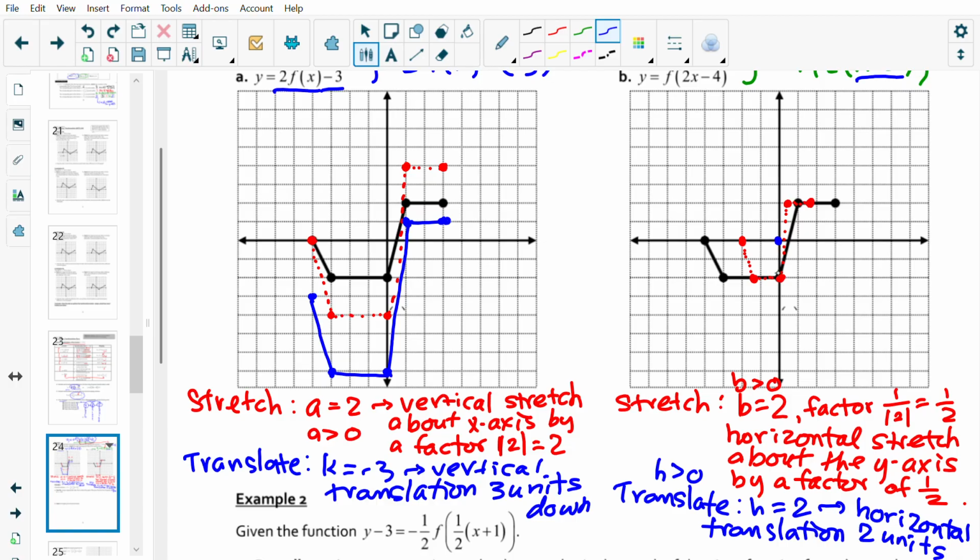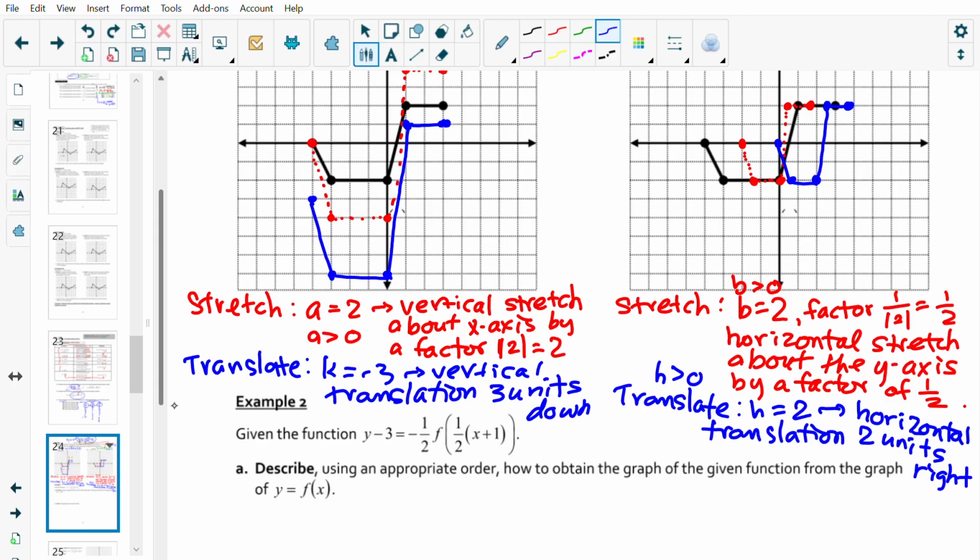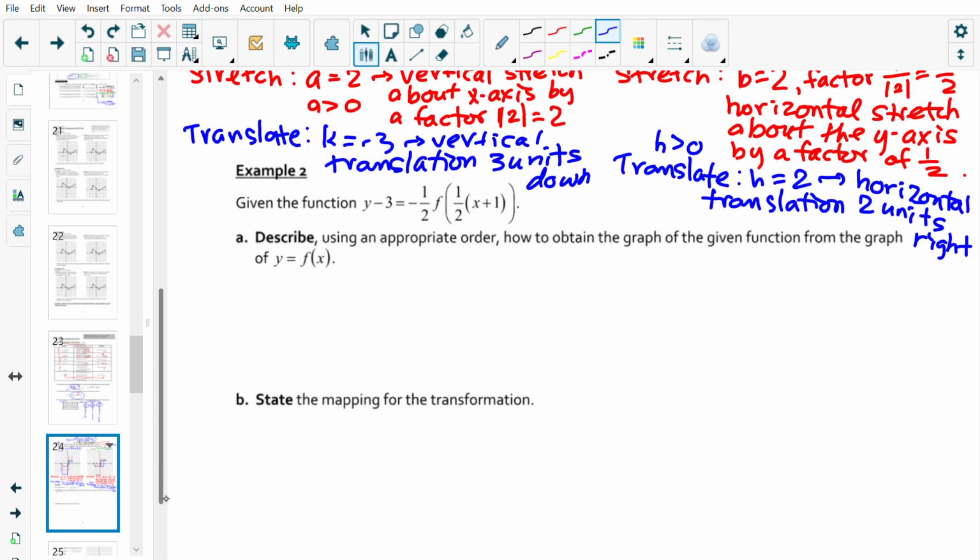So this one, 1, 2. This one, 1, 2. This one, 1, 2. This one, 1, 2. This one, 1, 2. Okay, and what do I got here? There we go. Okay, so step by step.